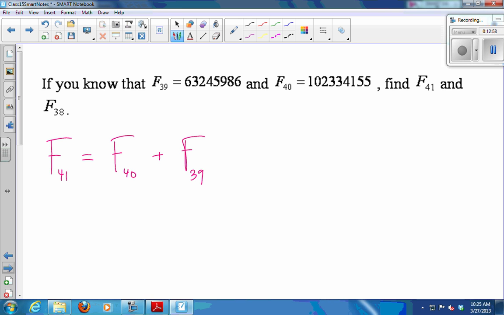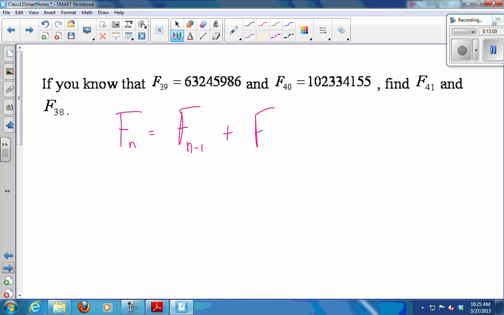In fact, let's write it down really explicitly in detail. F sub n is F sub n minus 1 plus F sub n minus 2.